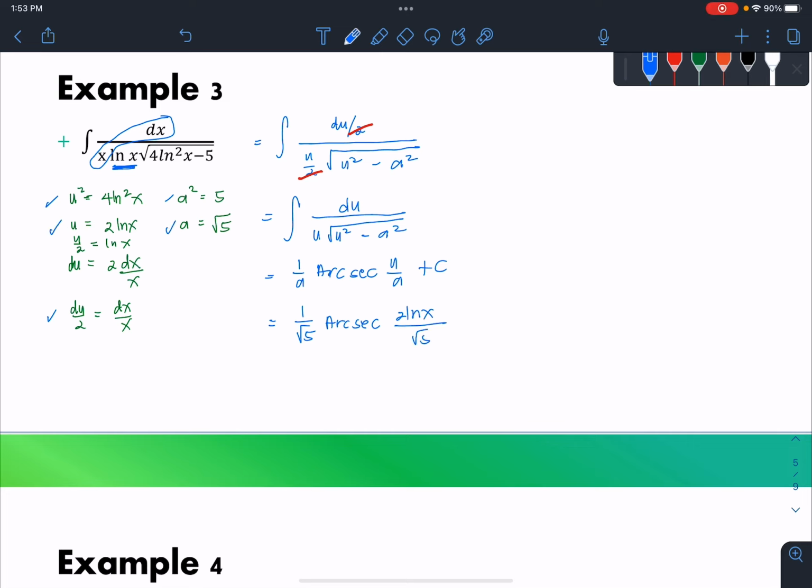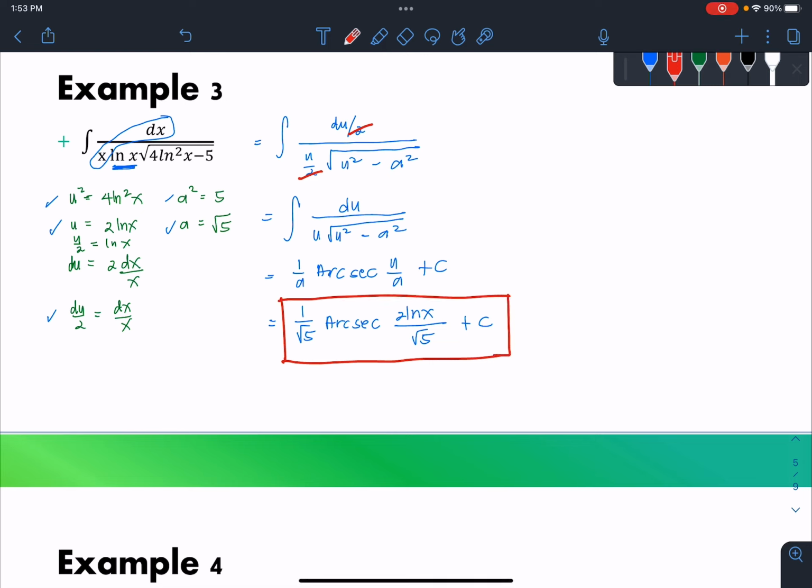Then we can rationalize 1 over square root of 5, or we can just leave it as is. So leaving it as is, that would be 1 over square root of 5 arc secant of 2 ln x over the square root of 5 plus c. Okay, so we were now able to use all the three formulas for inverse trigo.